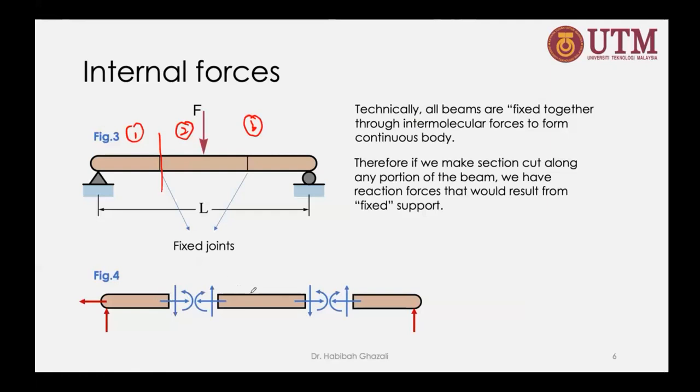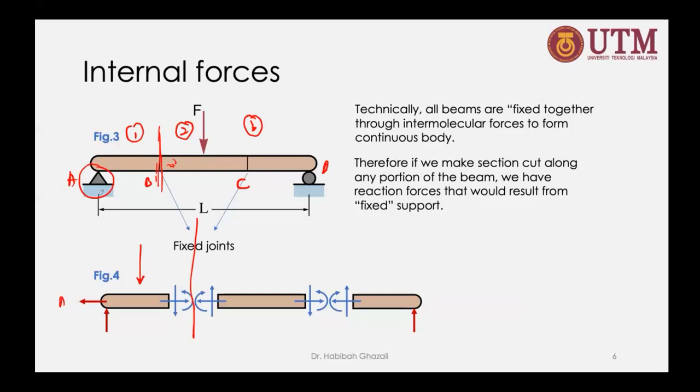So if you do that with all of the sections and reveal that, that is how you look at internal forces. We'll just look at this part first. Okay, so this is a pin support, and if I say this is A, B, C, and D, because we just look at this part, you just imagine that this part here is a fixed support with another portion here.